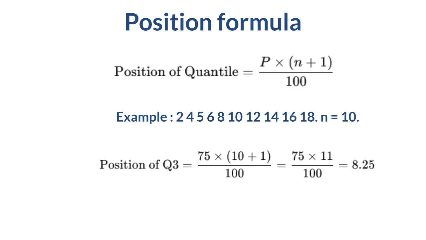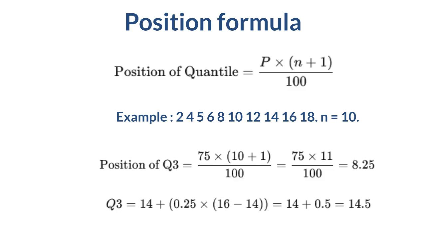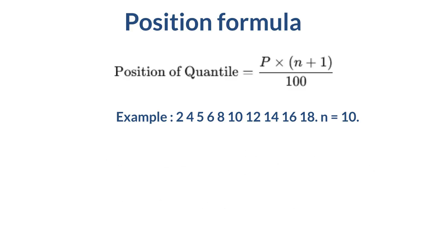Interpolation: Q3 equals 14 plus 0.25 times the quantity 16 minus 14, equals 14 plus 0.5, equals 14.5. The third quartile, Q3, is 14.5. Thus, the quartiles are Q1 equals 4.75, Q2 equals 9, and Q3 equals 14.5.